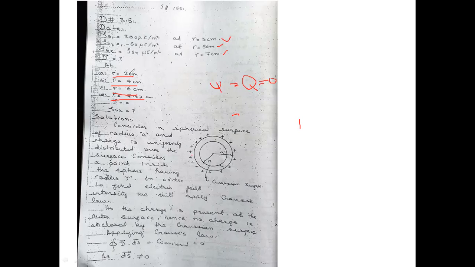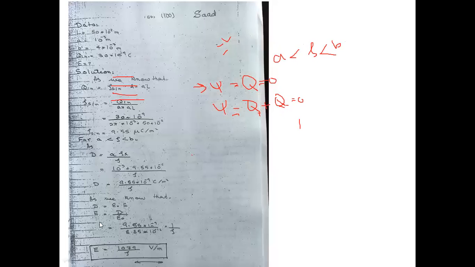Similarly, if the point of observation is outside, greater than the outer conductor, we will have psi equal to 0, because in the Gaussian surface the plus Q will be equal to the minus Q. The magnitudes are the same, so we will get 0 after the summation of these two. And if the point of observation is somewhere in between a and b, then we have to find D according to the procedure of the previous example.